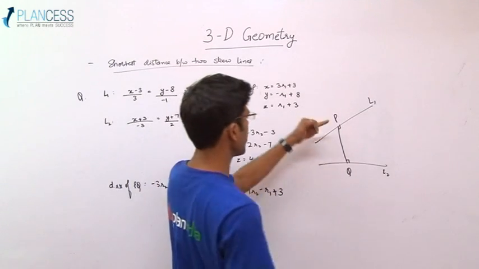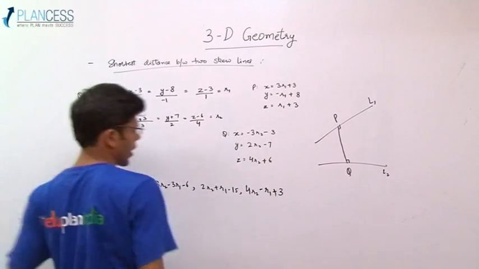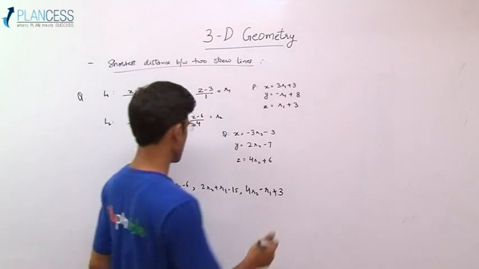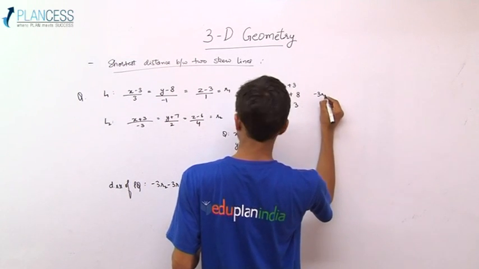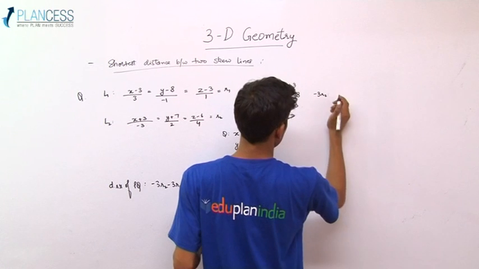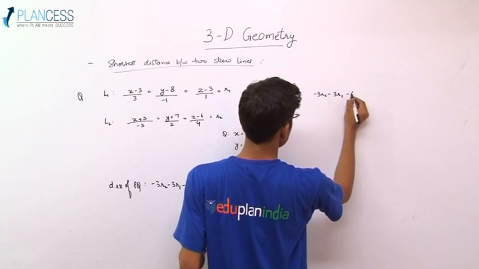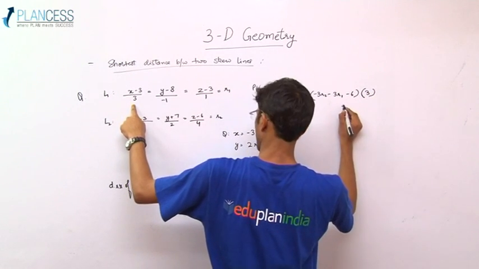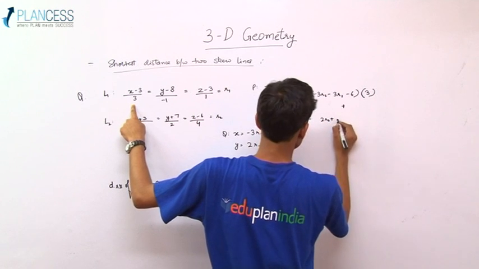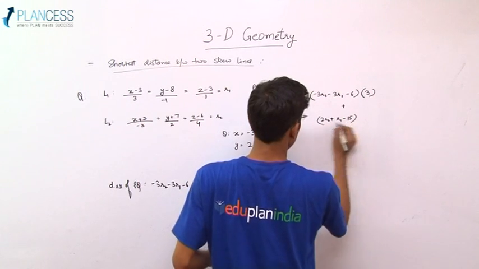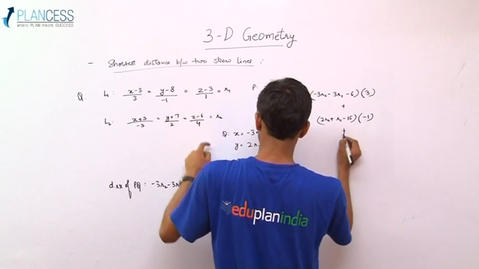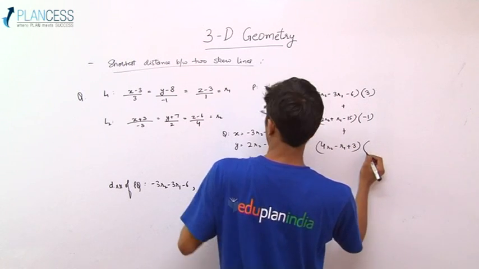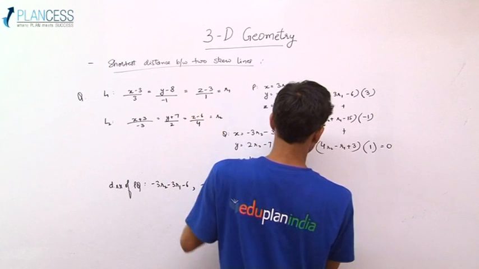This is perpendicular to the line L1 as well as to the line L2. So using the condition of perpendicularity of two lines, we get the first equation: (minus 3R2 minus 3R1 minus 6) into 3, plus (2R2 plus R1 minus 15) into minus 1, plus (4R2 minus R1 plus 3) into 1 is 0.